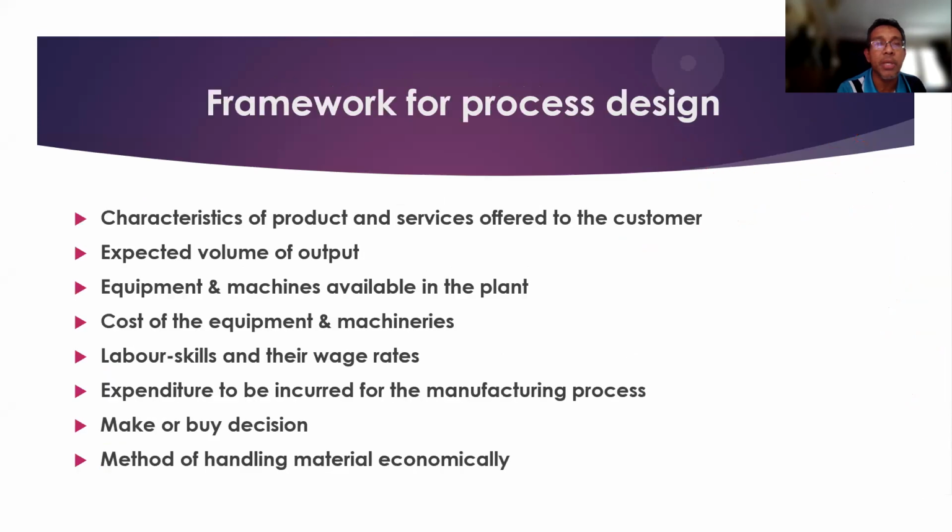And then we also have a framework for process design. So the framework is related to the characteristic of the product and service offered to the customer. So instead of product, you see here services. So not only product like we talked about before, car, plastic product.